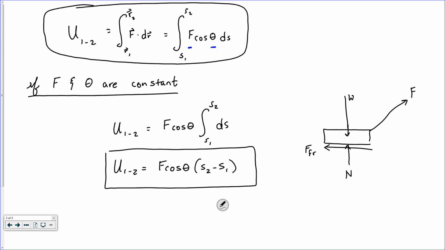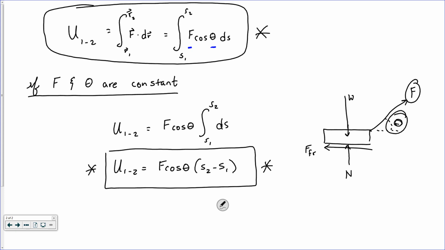So if I'm pulling this object with a constant force and a constant angle, then guess what? I can jump to this equation down here because my force will be constant and that angle is constant. However, if I change the amount of force that I'm using over time, I can't use this equation. Or if I change the angle that I'm pulling this box with over time, I cannot use this equation down here. I would have to integrate with this expression up here.